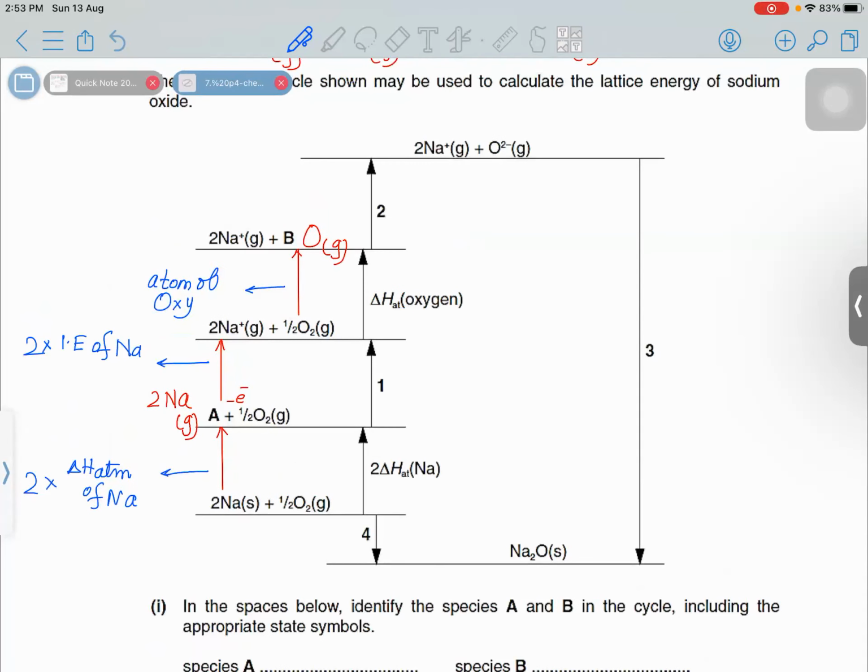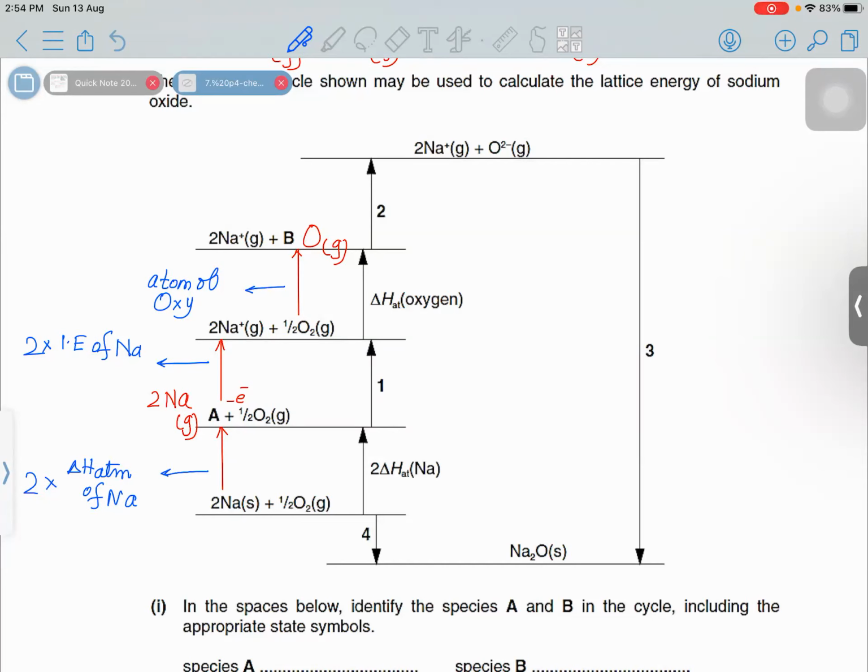Can you tell me what 2 is? Sir, 2 times electron affinity of oxygen. 2 times, or the sum of the first and second electron affinities? Sum of first and second.